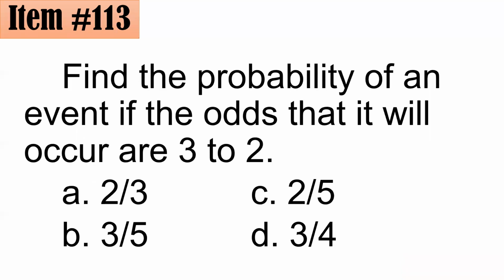130. Find the probability of an event if the odds that it will occur are 3-2. Did you go for 2/3, 3/5, 2/5, or 3/4? All right. Letter B, 3/5. Is that right?